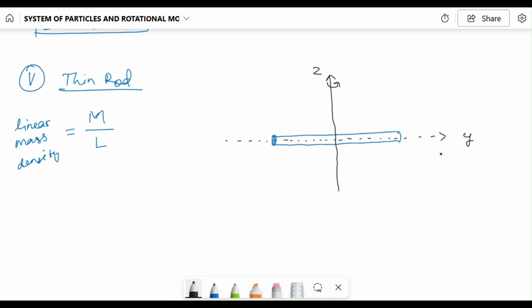We can take a small elemental mass here, and let's say this mass is dm, at a distance of y from this origin or reference point here. Its total length is L, so from here to here, it will be L by 2. And here we are moving opposite to the positive y.